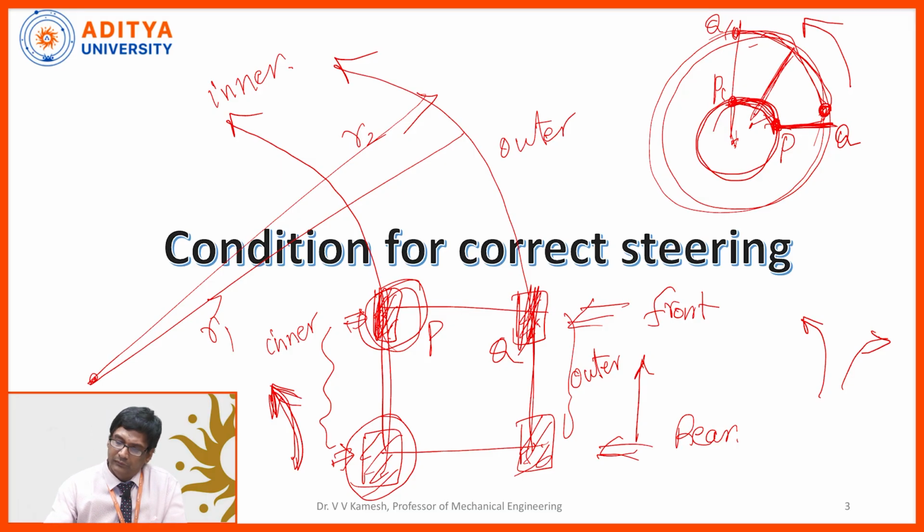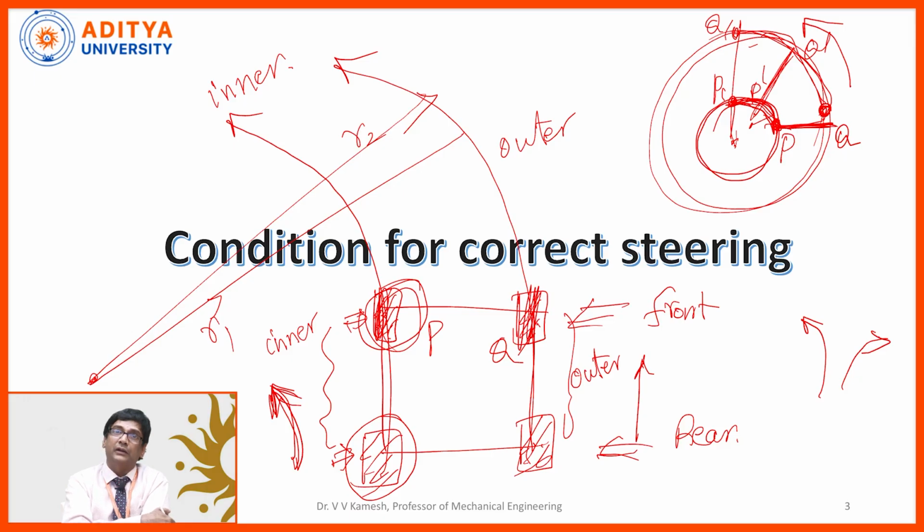In the middle, there is P dash and Q dash. Whatever it might be, the arc of movement in the inner circle is definitely lesser than the arc of movement in the outer circle, because the radius is more, automatically r d theta will also be more. So, r1 d theta is lesser, r2 d theta is more.